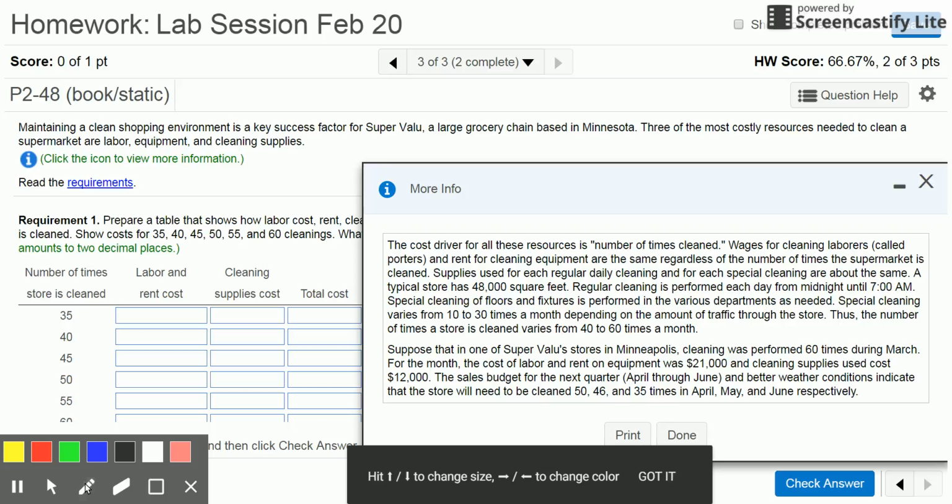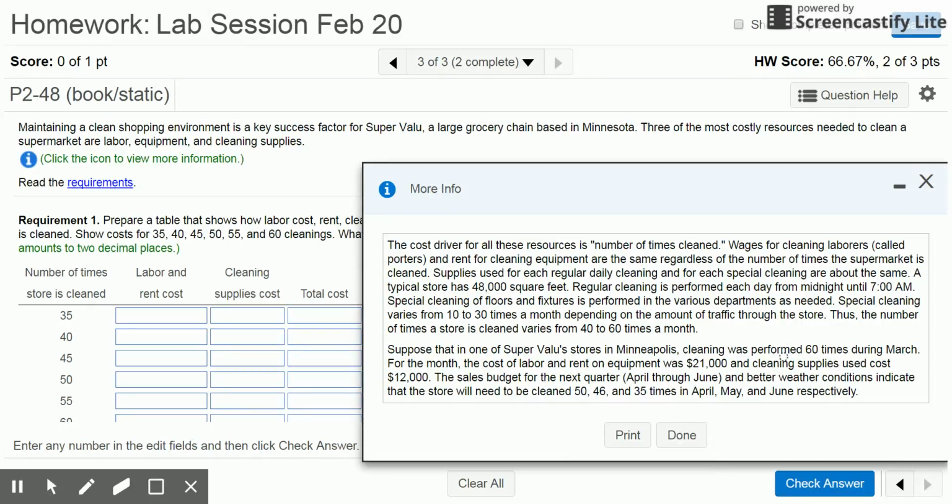During March we cleaned the store 60 times, and the cost of the labor and rent on equipment was 21,000, which is our fixed cost because it's independent of how many times we are cleaning the store.